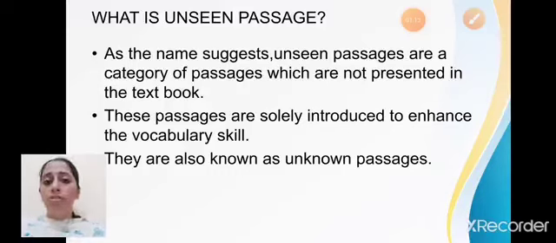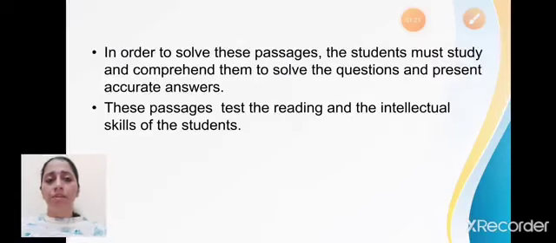They are also known as unknown passages. These passages are not known to all of you. That's the reason they are called unseen passages or unknown passages. In order to solve these passages, the students must study and comprehend them to solve the questions and present accurate answers.